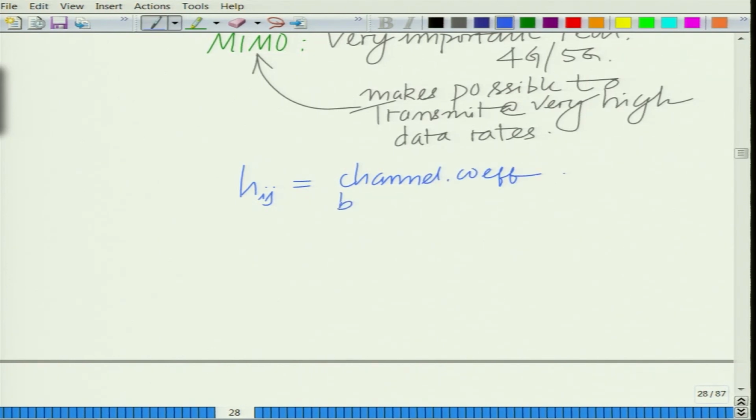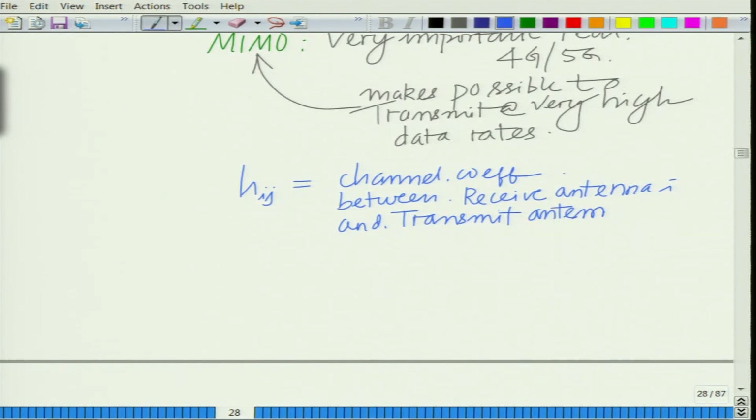This is the channel coefficient between the receive antenna I and transmit antenna J, for instance H23.